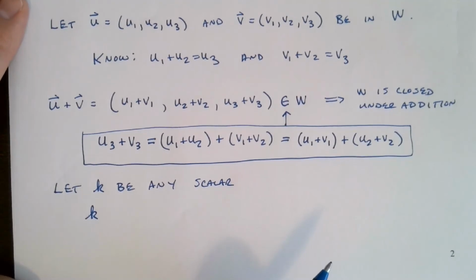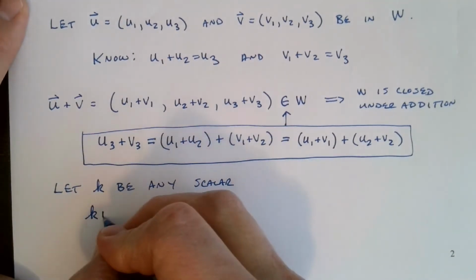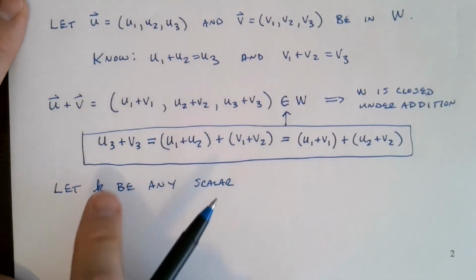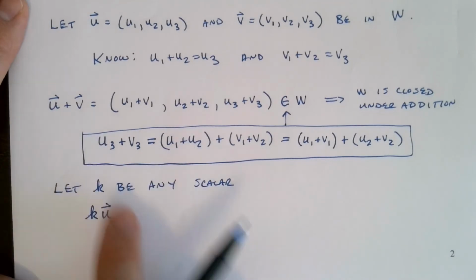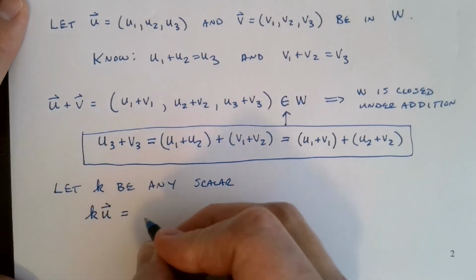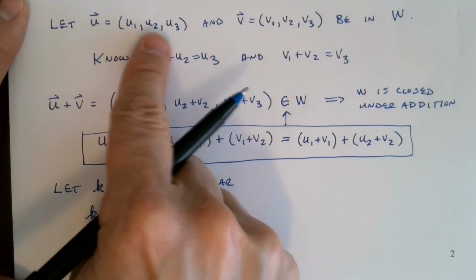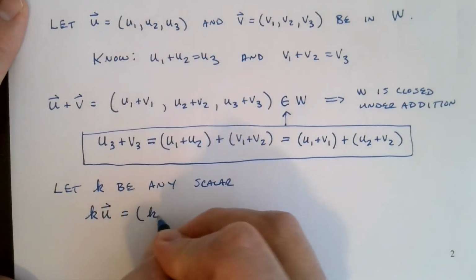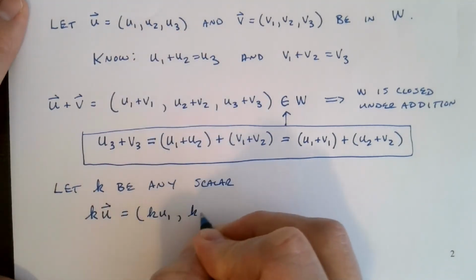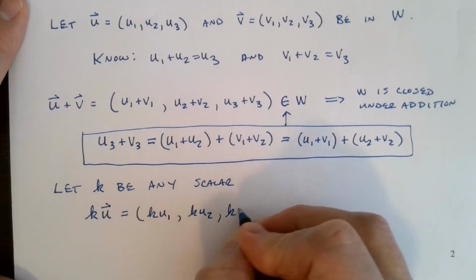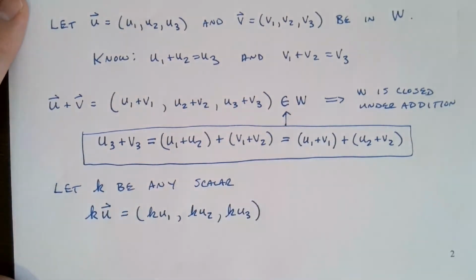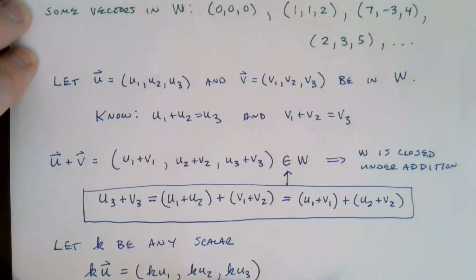I only need to pick one. I'll choose U. I needed two because of the addition part, but now I only need one. So what's KU? Well, I just multiply every component by K. So I get KU1, KU2, KU3.